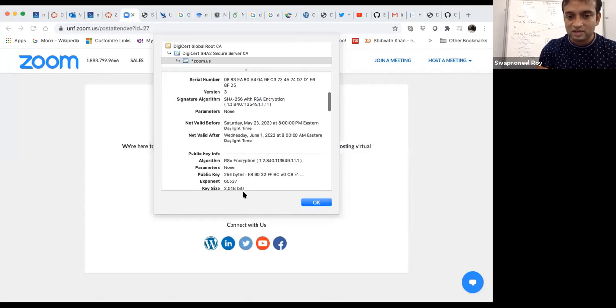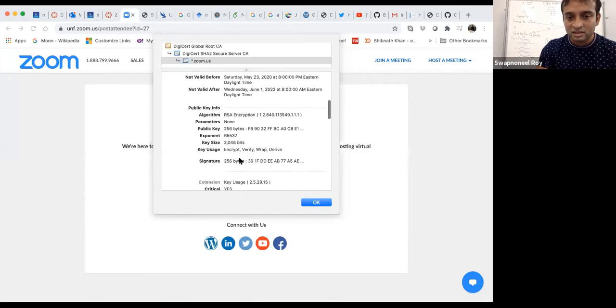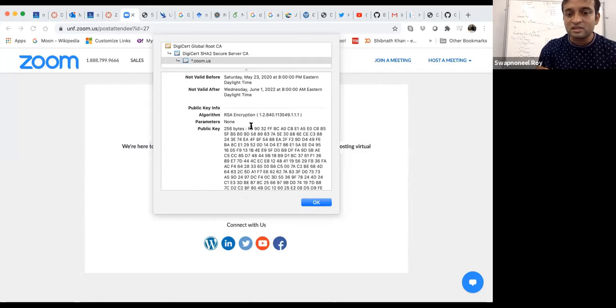Let me see if they have the public key given. This is your public key, because public key is public. This particular website's public key is given to you. If you want to do a secure communication, your browser, which is the client, uses this public key to encrypt.